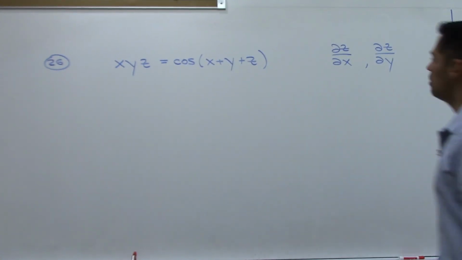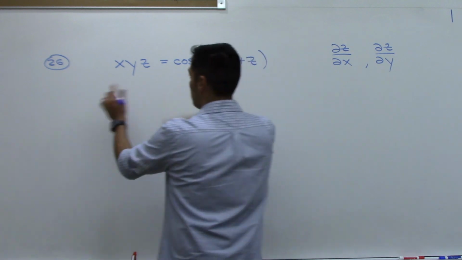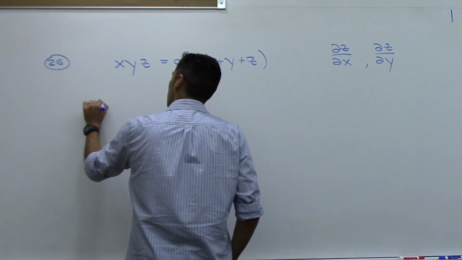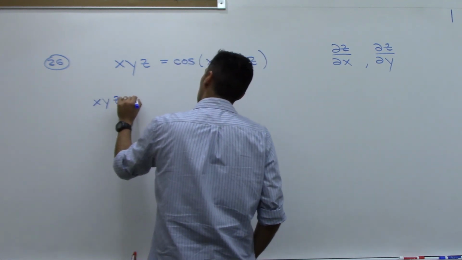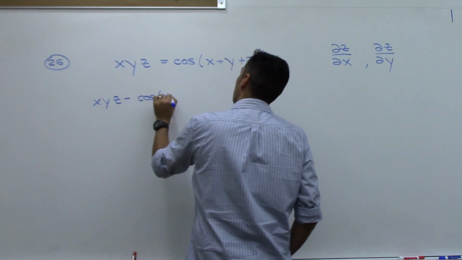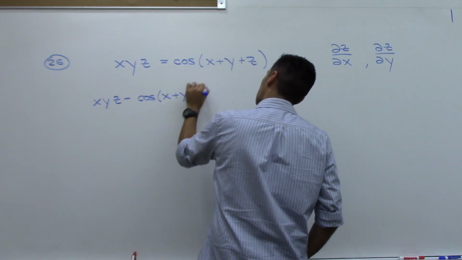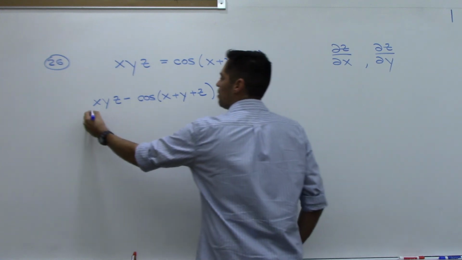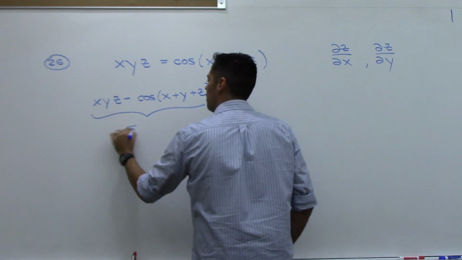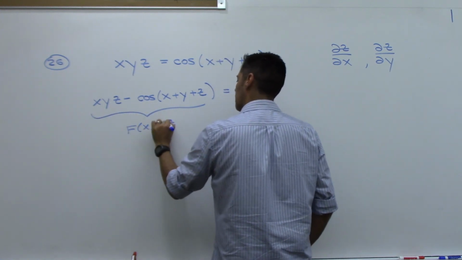So what we do first, if we're going to use the formula, is we move everything to one side. So this becomes xyz minus cosine of x plus y plus z equals 0. This right here becomes our capital F of x, y, z.